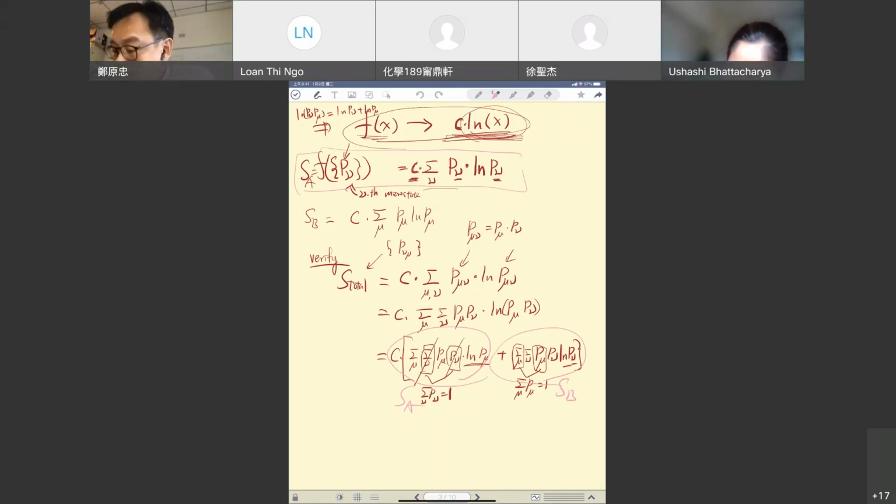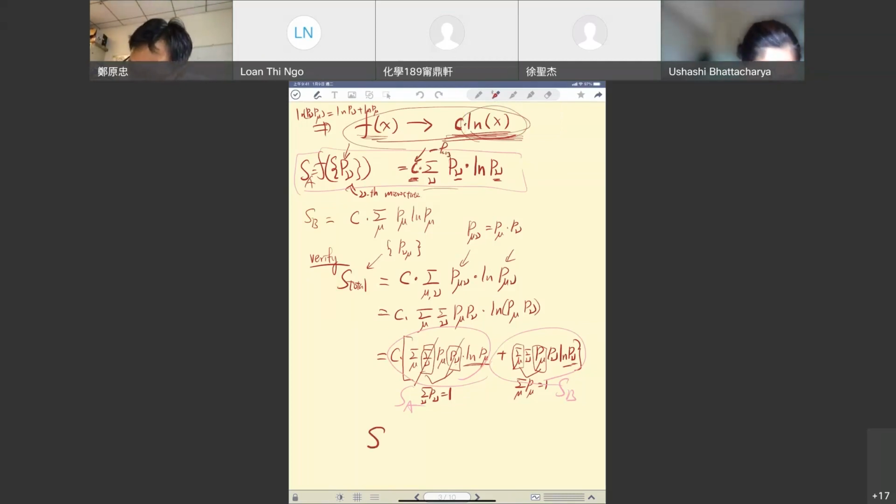And this constant is determined by comparing to experiment, to macroscopic thermodynamic variables. Or actually, you can compare this to Boltzmann's formula, and it can be determined that this constant here is actually minus KB.